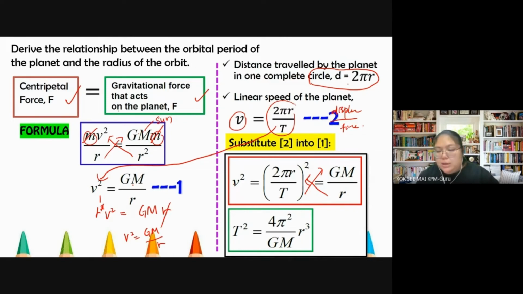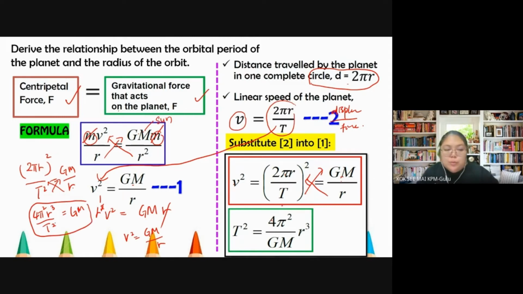So the square I put in, 4 pi squared, then r cubed. GM goes down, then after that the t squared. Let me do the calculation here so you can see clearly. 2 pi r squared over t squared equals GM over r. I cross over, it goes up: 4 pi squared r cubed over t squared GM.